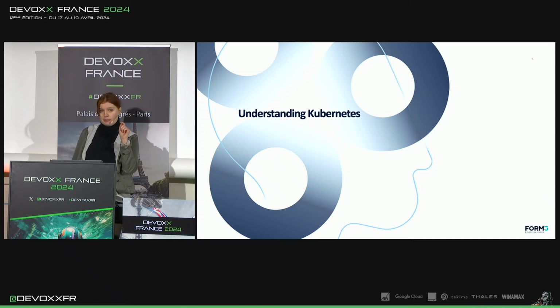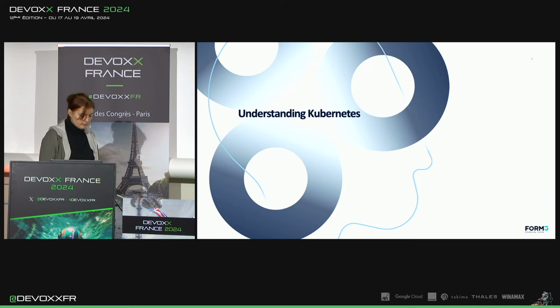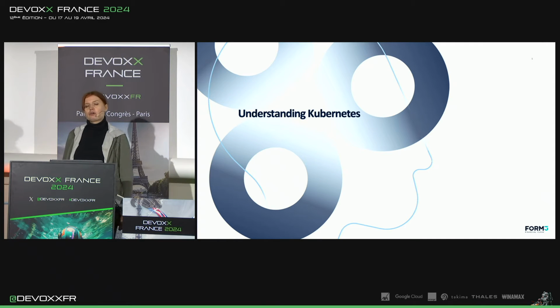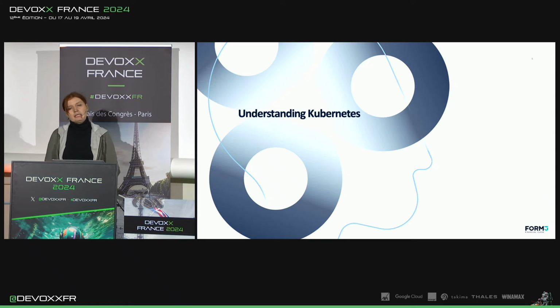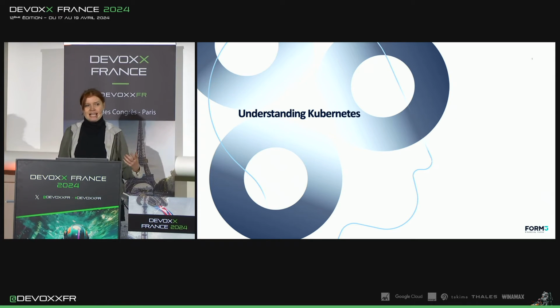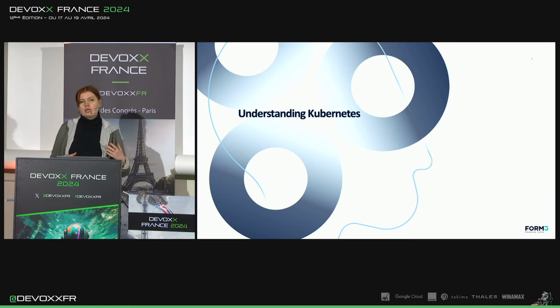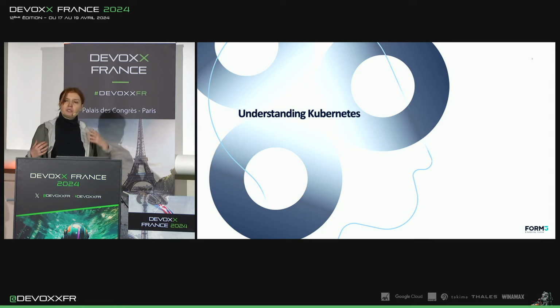But before the fun part begins, let me brush on Kubernetes architecture, just for all of us to be on the same page and to understand better which parts of Kubernetes we could target during our attacks.